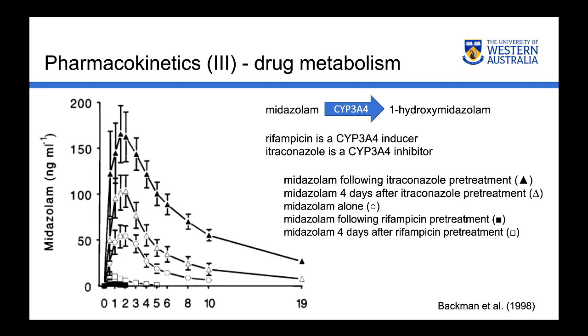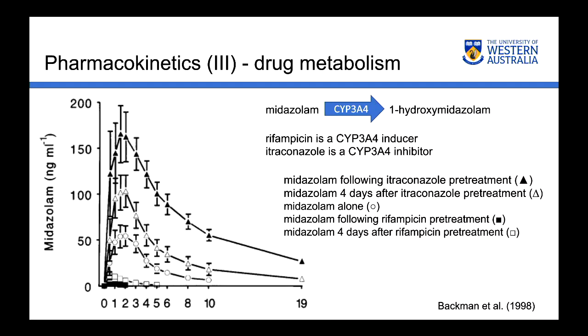Now I'm going to show you an example, and again, apart from midazolam, which you don't need to know, the other 2 drugs are antimicrobial drugs. So let's first look at midazolam alone, the curve shown by the unfilled circles.